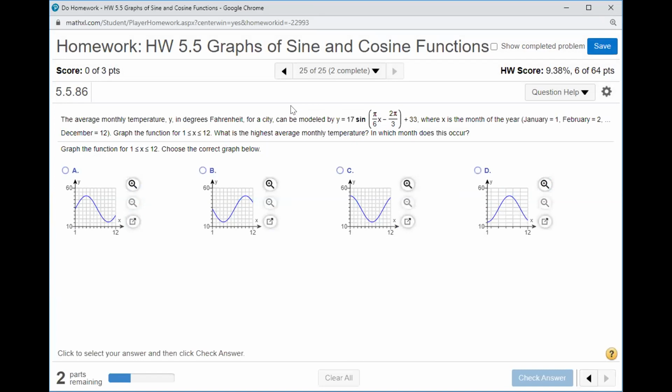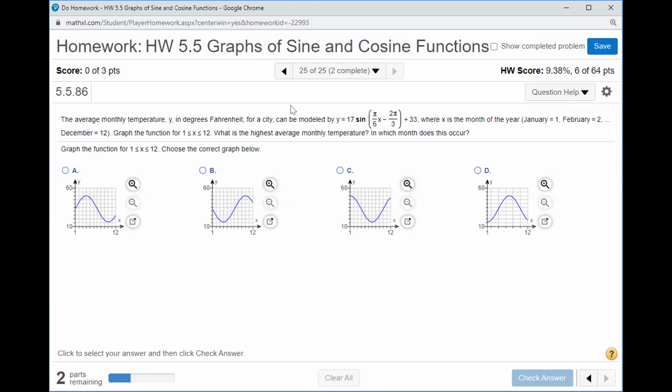Number 25 models the average monthly temperature in degrees Fahrenheit for a city that can be modeled by y equals 17 sine of pi over 6 times x minus 2 pi over 3, plus 33, where x is in the months of the year. We want to graph the function from 1 to 12, and find the highest average monthly temperature and which month this occurs.